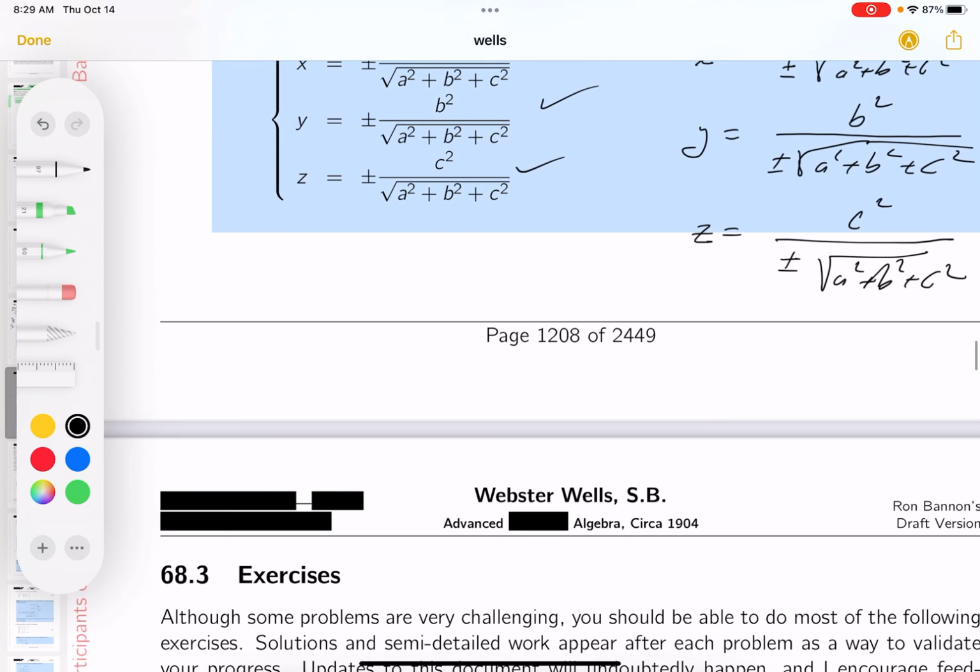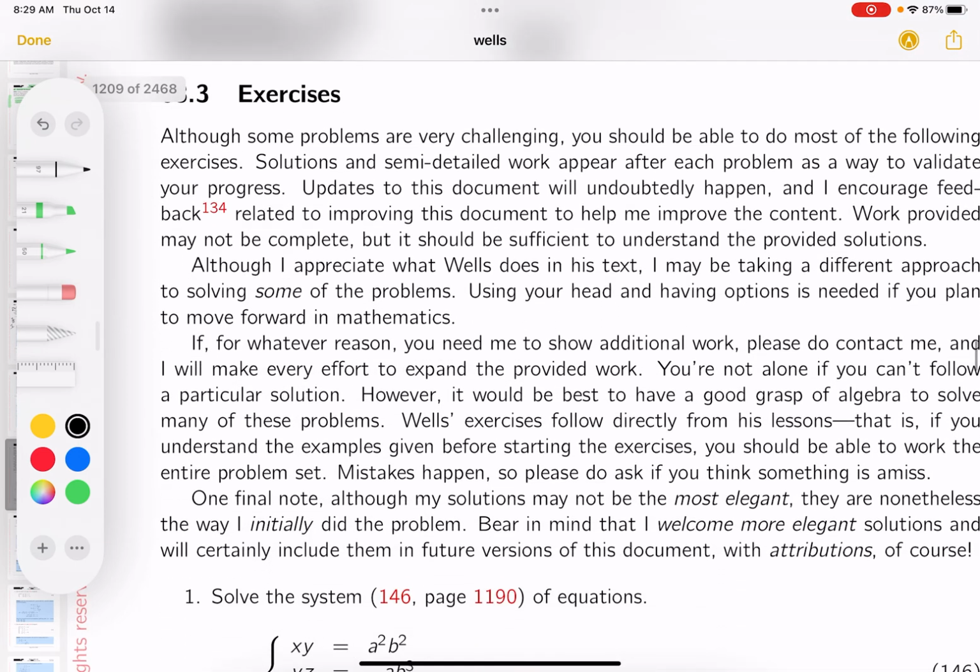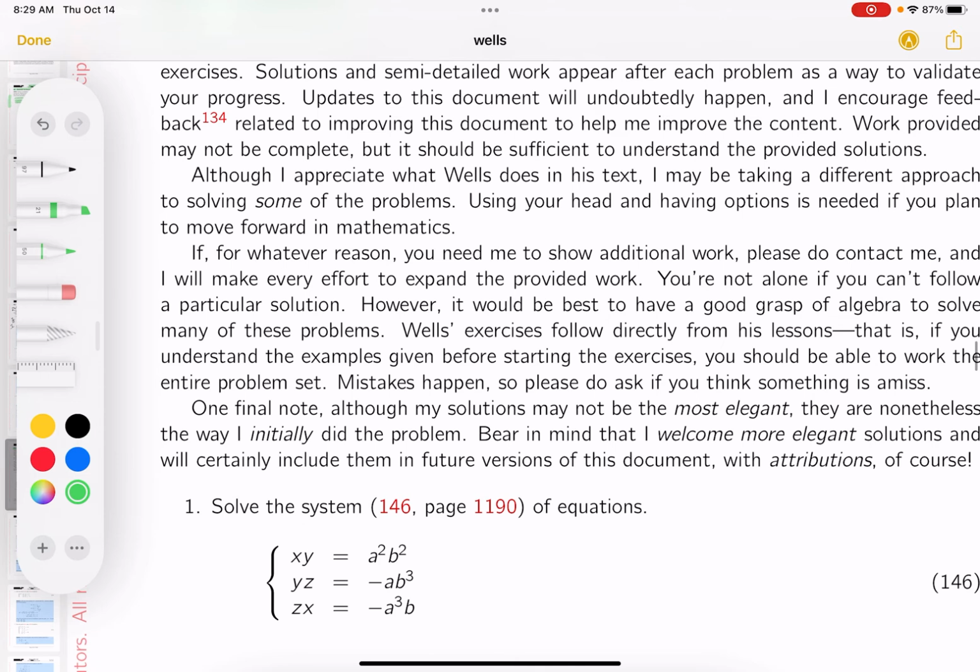All right, let's take exercises finally. All right, so I struggled with this too. I'll be honest with you, this was a tough section for me. What do I mean by tough section? I had to look at these problems over here. No answer key, no advice, yada, yada, yada.